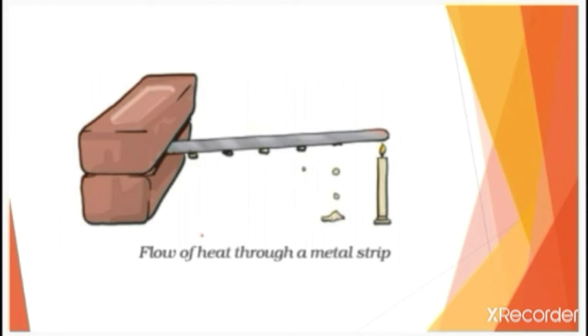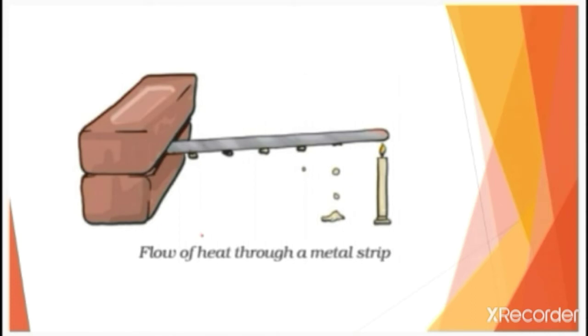Now heat the other end of the rod with the help of a candle and see what happens. What is your observation? What happened to the wax pieces? They started melting. Do these pieces begin to fall? Yes. The wax piece closest to the heating end of the rod falls first. After that, the second nearest wax piece, and so on.